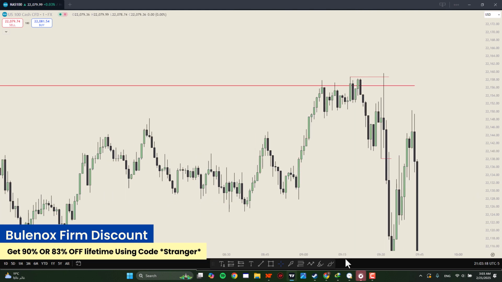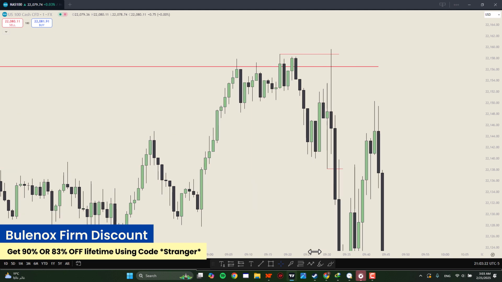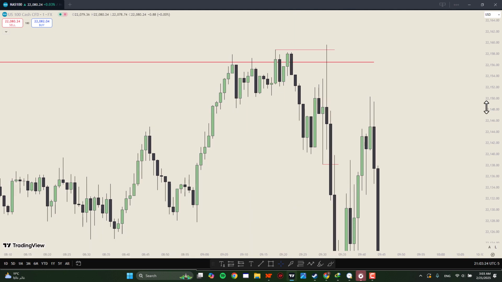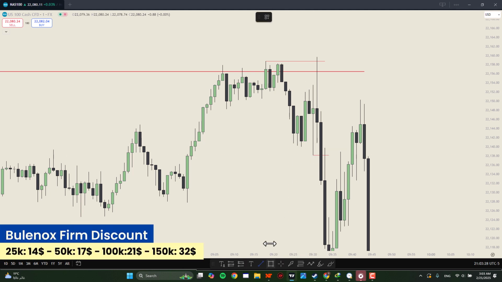We are failing to close above it, and that's a reversal sign and a weakness sign that price is going to change direction, right? And for the sell stop, we're going to put it here. So price takes this, and it swept this, and if it's bullish, it shouldn't trade below this low right here.